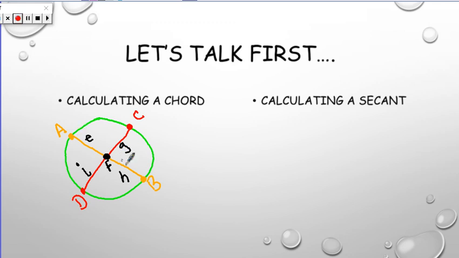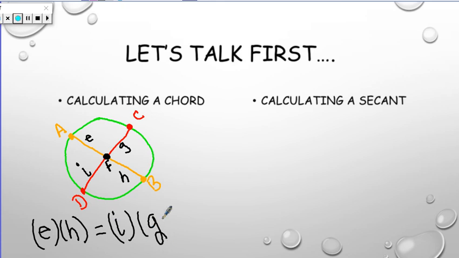So if I wanted to find any missing segment, the rule tells me that line segment AB is broken up into two parts, EF and FB, or I call them E and H. So E times H would equal, and then I go to the red line, which is DC. DC is made up of two parts, DF, FC, or you can call them I and G for simplicity. So I times G. That's what the rule tells you that these equal.